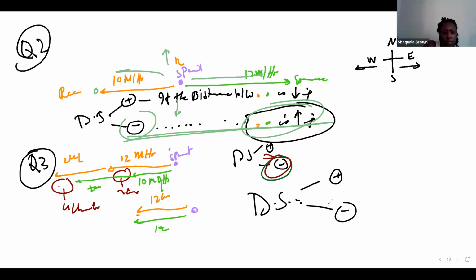Positive. So that both say 12, the same speed. They travel at the same speed in the same direction. It could be miles per hour, kilometers per hour, centimeters per second. It doesn't really matter.